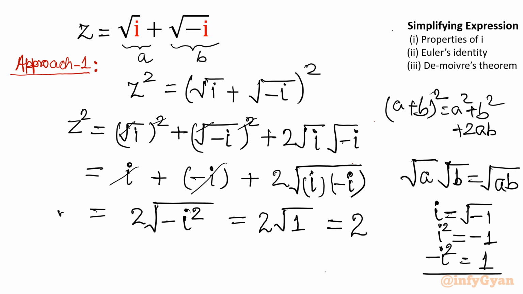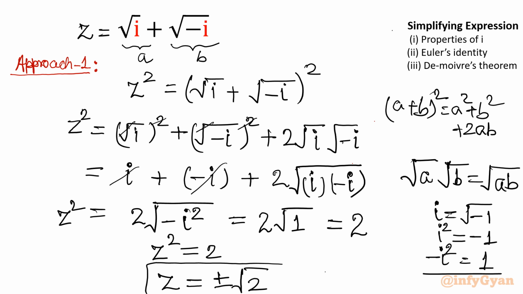The left hand side is z square. Taking square root on both sides, z square is equal to 2, so z will come out plus minus square root 2. This approach is called the squaring of complex number method.